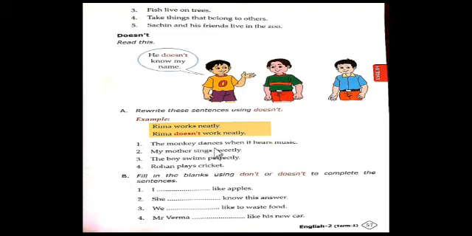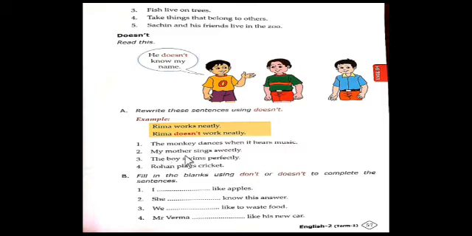The monkey dances when it hears music. How do you make the negative form by adding doesn't? The monkey doesn't dance. The monkey is a singular noun. The monkey doesn't dance when it hears music.